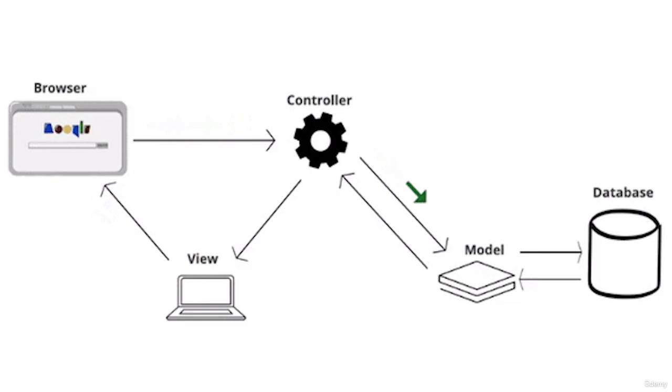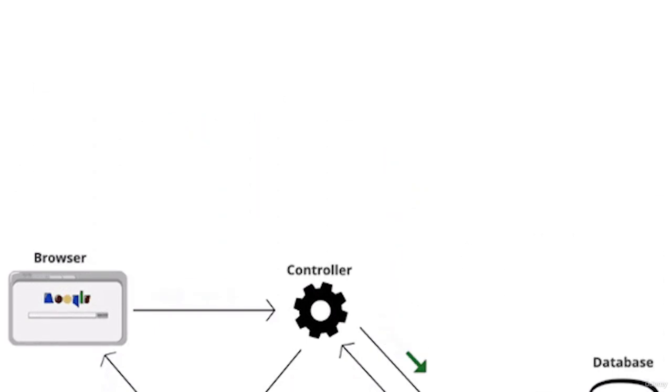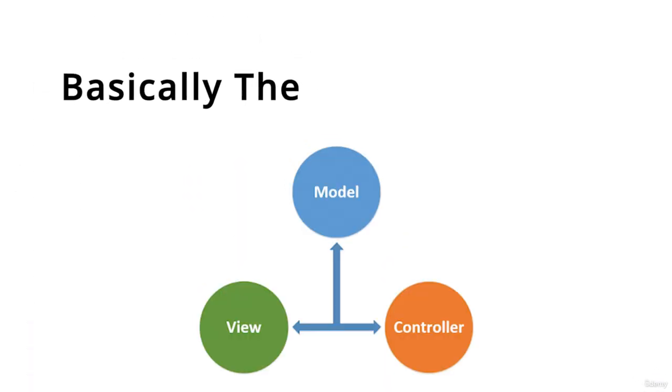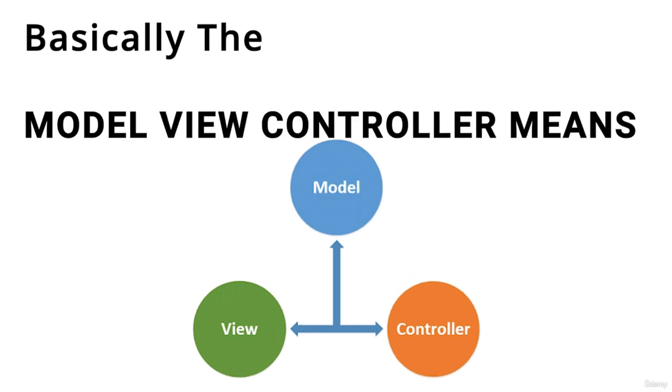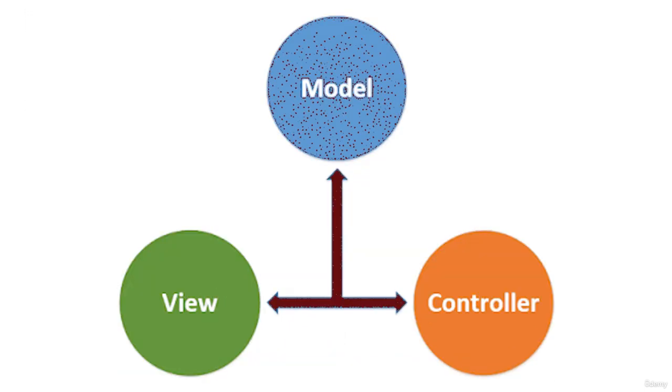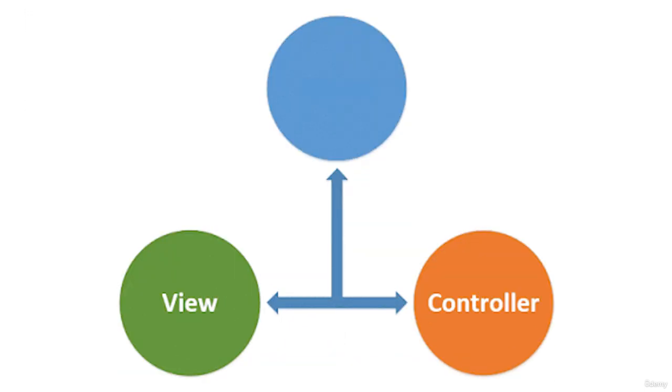And the controller accepts input and converts it to commands for the model or the view. Basically, the model view controller means the connection between the model, view, and the user.